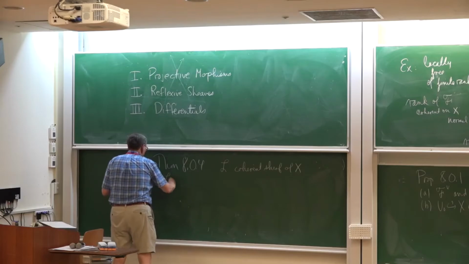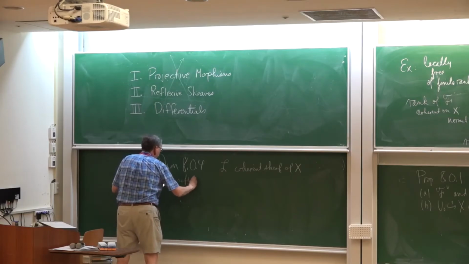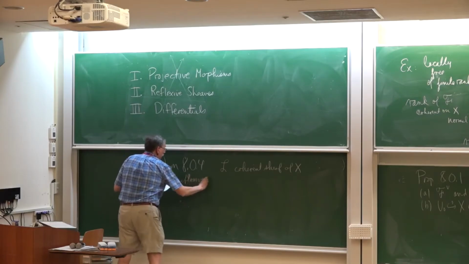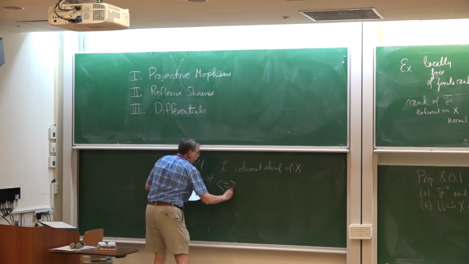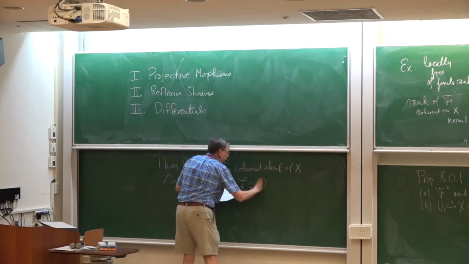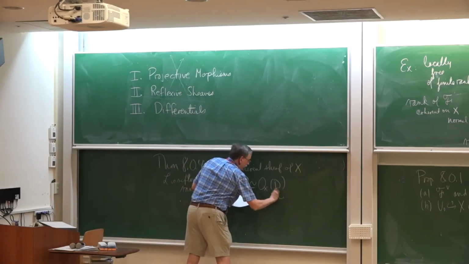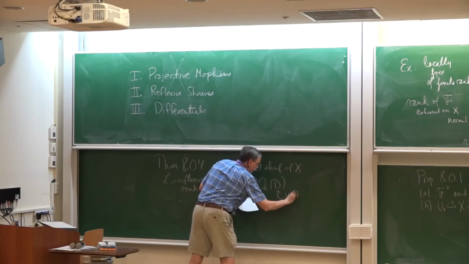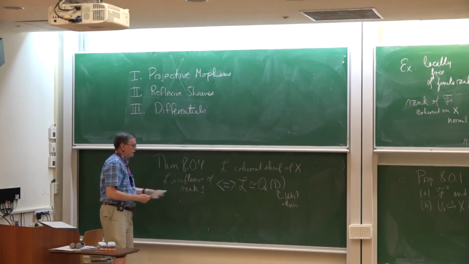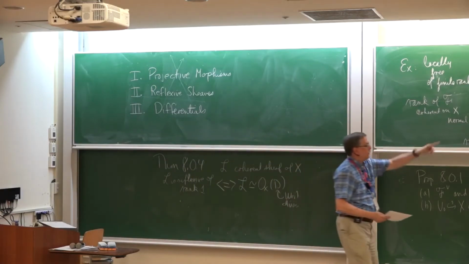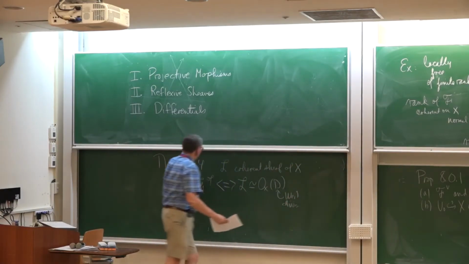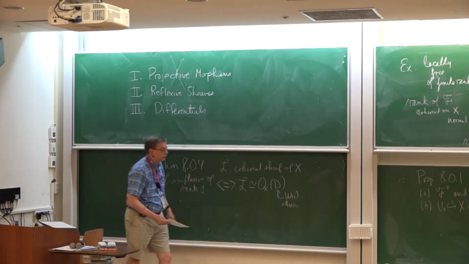Then L is reflexive of rank 1 if and only if L is isomorphic to O_X(D) for some Weil divisor D. And so what we get right here is exactly the O_X(D)'s. They are on the nose the reflexive sheaves of rank 1.